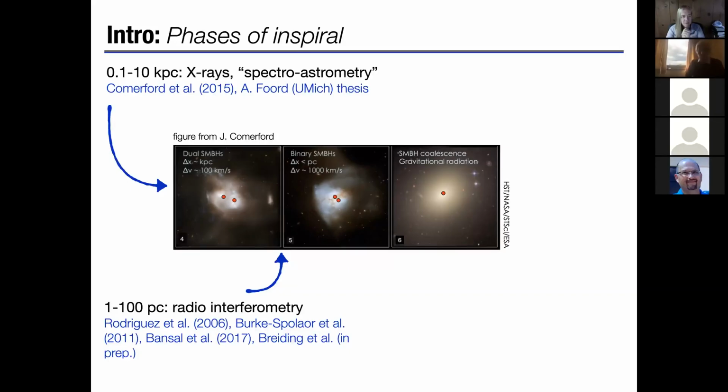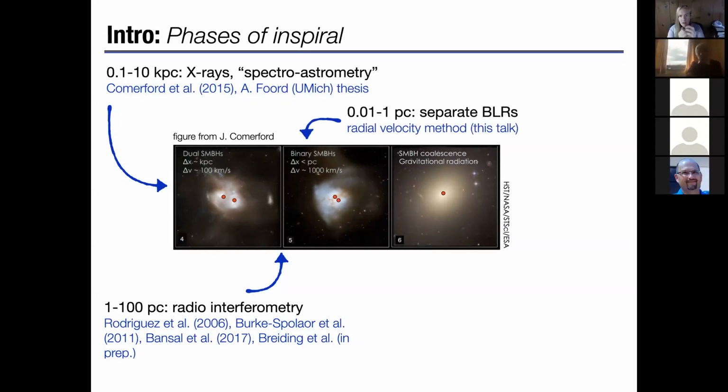But if this is not a bound binary, it's probably quite close. So this is the one example that we have of, you know, what a supermassive black hole binary might be like. But if you want to go to closer separations, you are really pushing on radio interferometry, and we tend to use other methods.